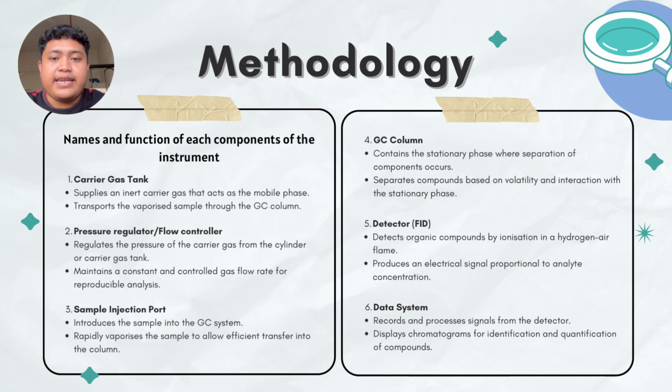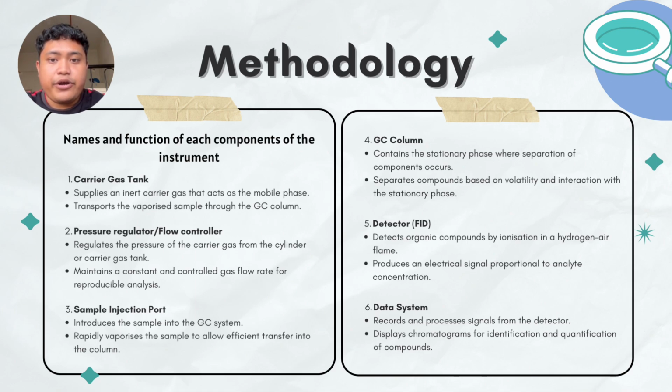Next, I'm going to explain the names and functions of each component of the gas chromatography instrument that we have seen in the previous slide. The first one is the carrier gas tank, which supplies an inert carrier gas such as helium or nitrogen that acts as the mobile phase.